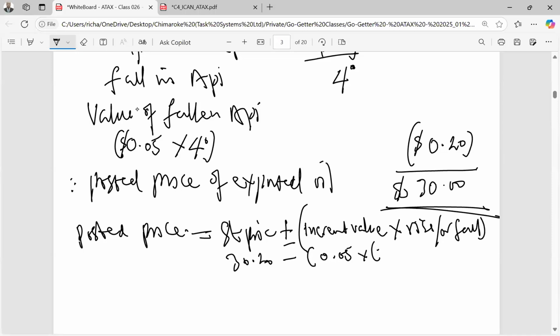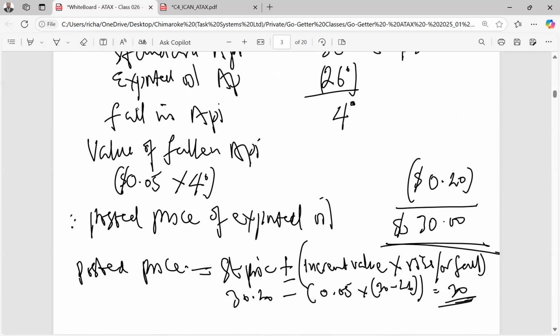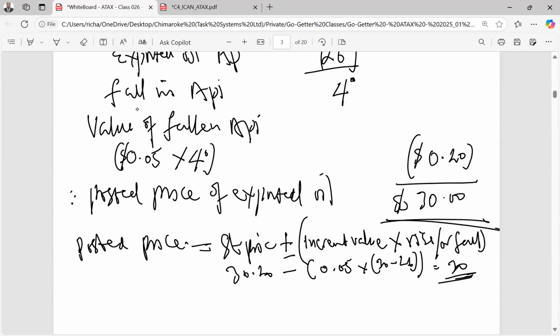It's simply 30 minus 26, which is 4. 4 times 0.05 is 0.20. 0.20, if you take it from 30.20, it gives you 30. If you want to write it as a formula like this, there is nowhere they get a formula like this, but you can design your own formula. But I think it's best you just look at the principle and understand it, where there is no formula.